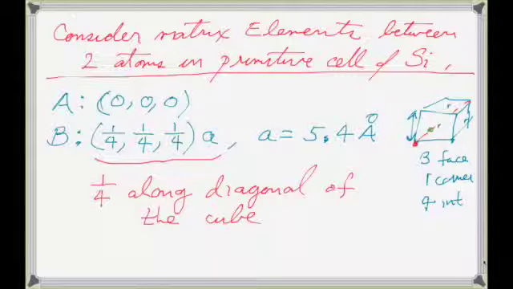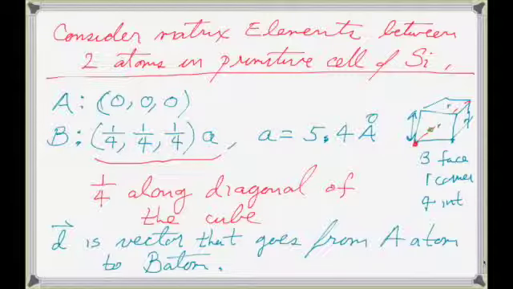A vector we're going to become very familiar with, d, is the vector that connects the 2 atoms. So it's the vector that goes from the A atom to the B atom, which is trivial at the moment because the A atom is at 0. In this case, it's equal to a over 4 times (1, 1, 1).